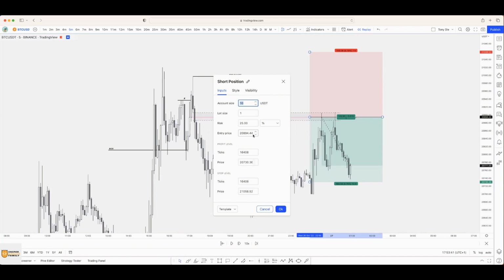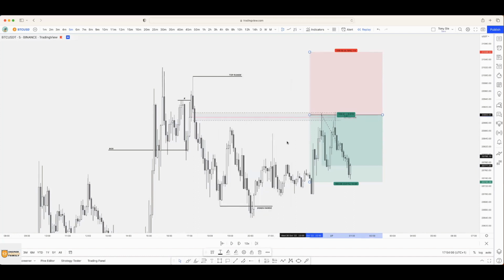And then the entry could be this, 2894. I just like to round up my entries at the nearest institutional numbers, right? That is the 00s, the 20s, the 80s, the 50s, exactly. So the closest to this is 20900. So that would have been my entry. Yes, something like that. And then stop.